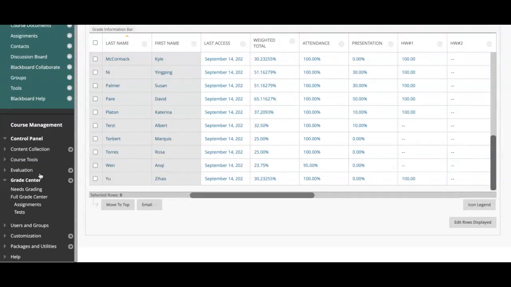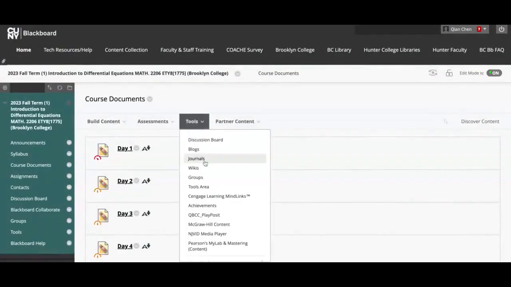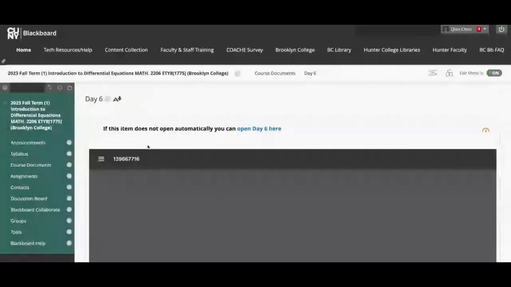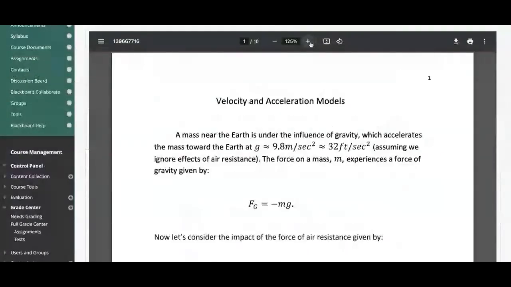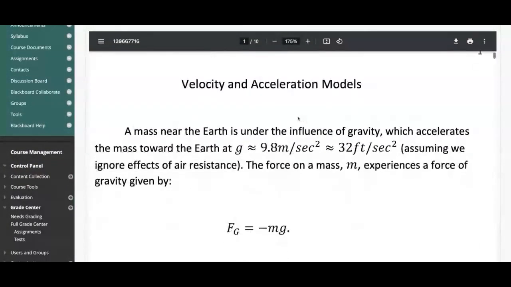Let's see. Okay, we're supposed to talk about velocities for today, velocity and acceleration models.